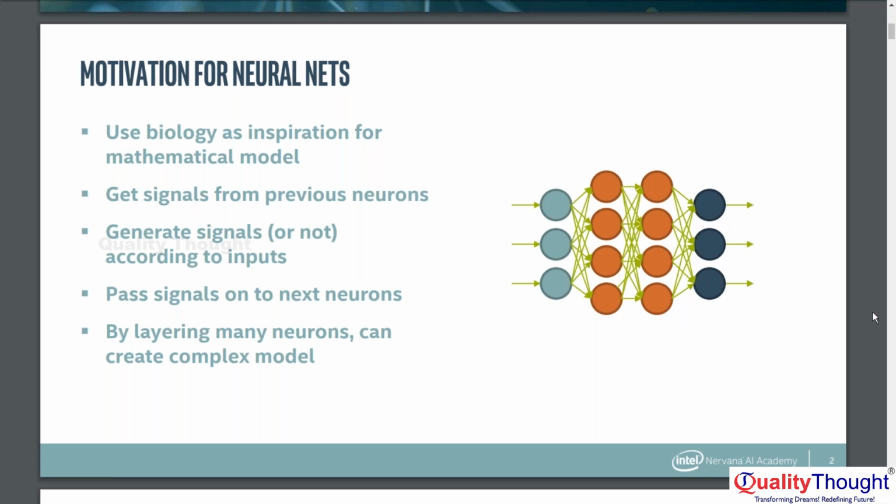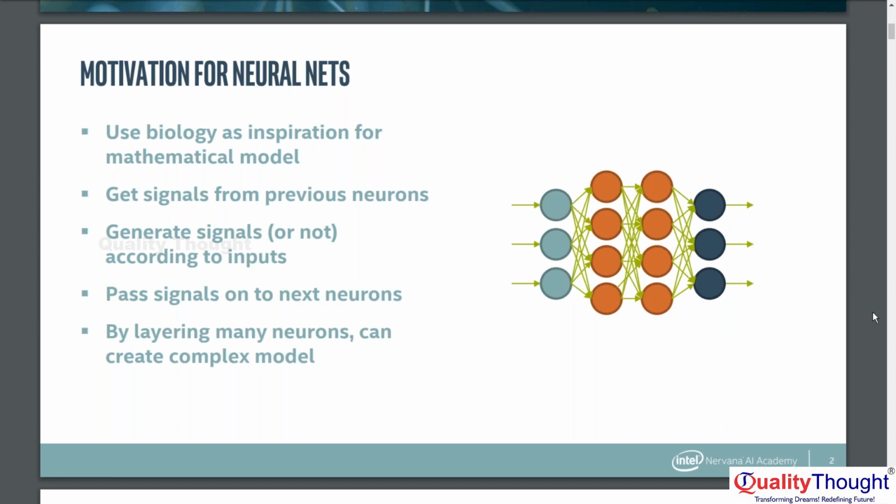So using the same biological understanding, and converting it into a mathematical model, from that mathematical model we are going to build something called the neurons.